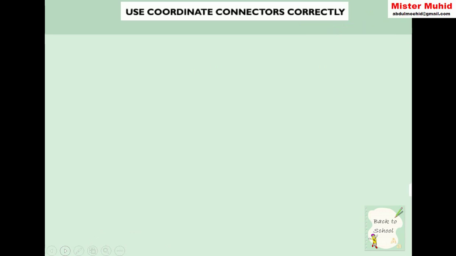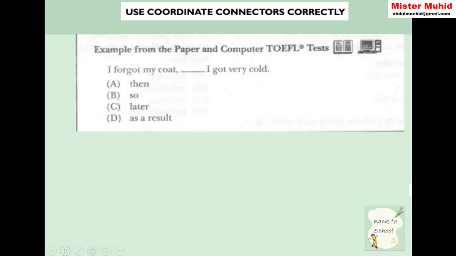Okay, now look at the reason why we use coordinating connectors correctly. So in this skill you are going to use coordinating connectors correctly, and be careful about them. Let's say for this sample: I forgot my coat, comma, blah blah blah, I got very cold.